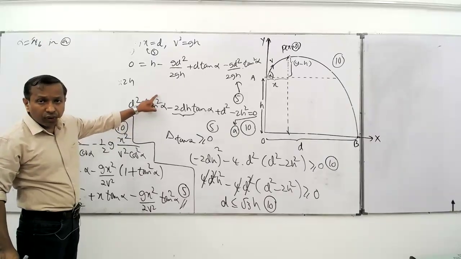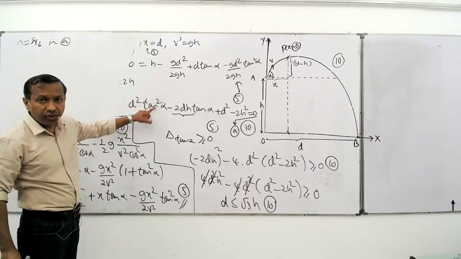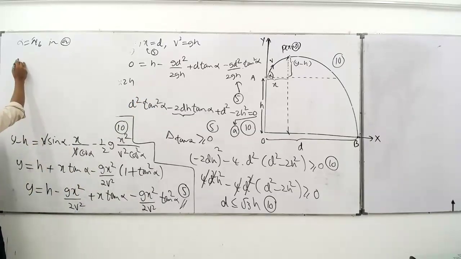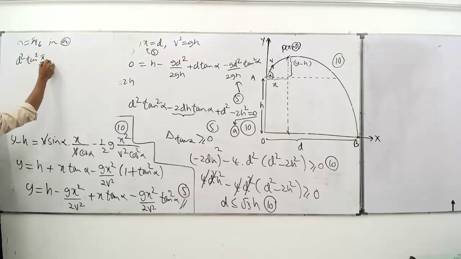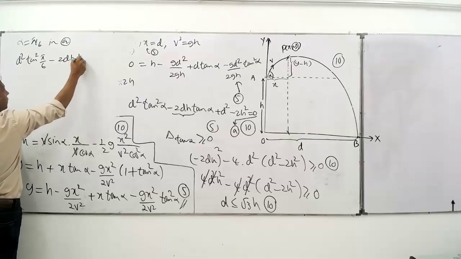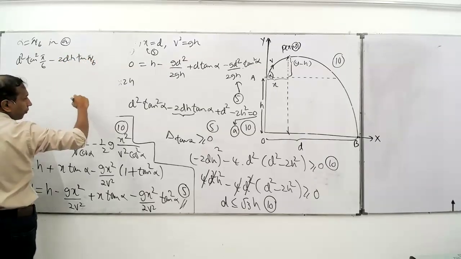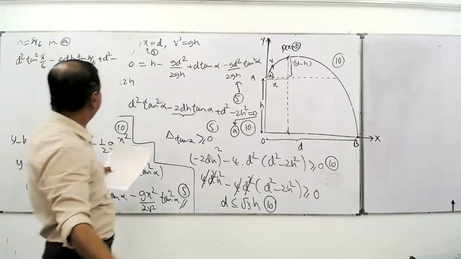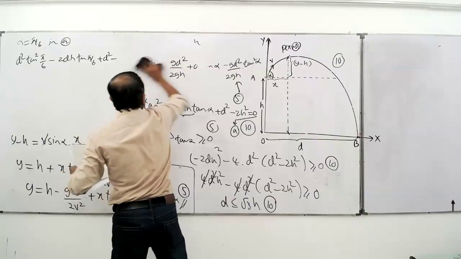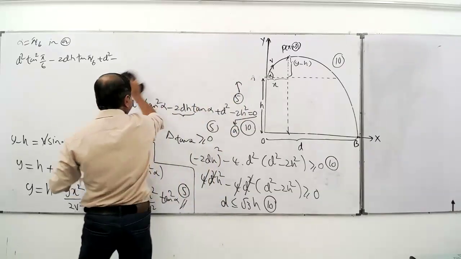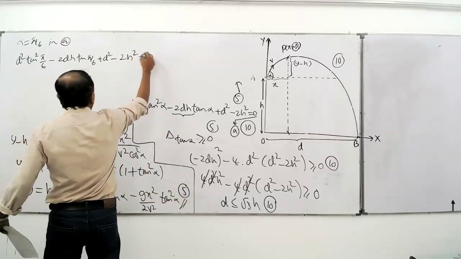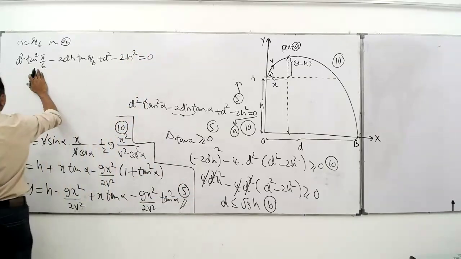Tan 30 is 1 over root 3. No? Then tan squared 30 means 1/3. d squared over 3. Right? d squared tan squared 30 minus 2dh tan 30 plus d squared minus 2h squared equals 0, right?